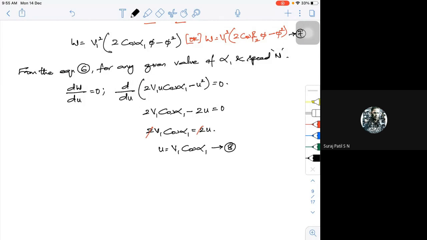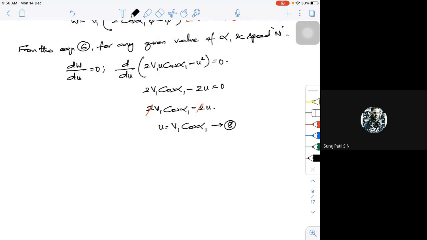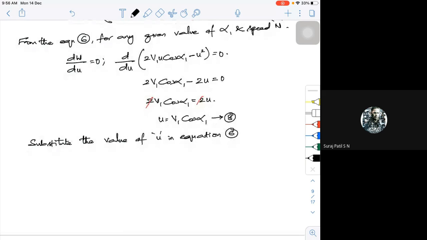Now, I will take this equation 8, that is U, and substitute the value of U in my equation 6. Then that will be the maximum condition.